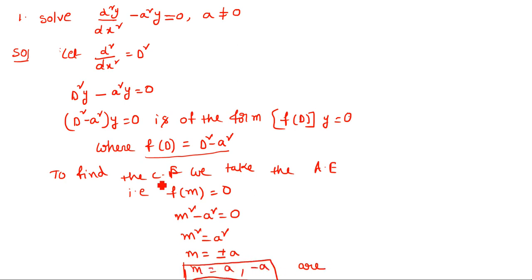Since the differential equation is a second order differential equation, compulsorily we get 2 roots, which are real and different roots. Since in the problem they mentioned a not equals 0, it is real and different roots.